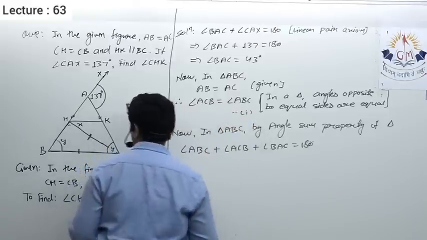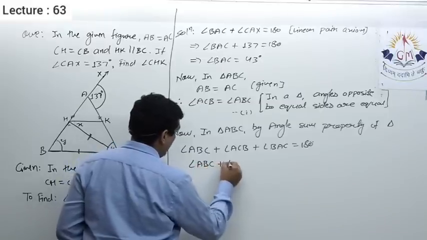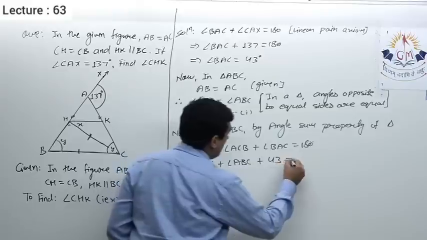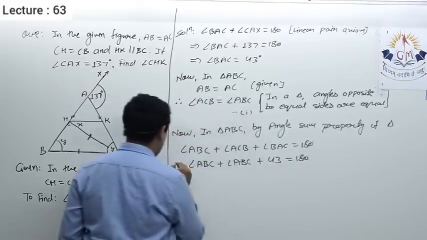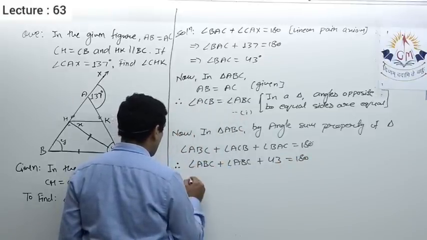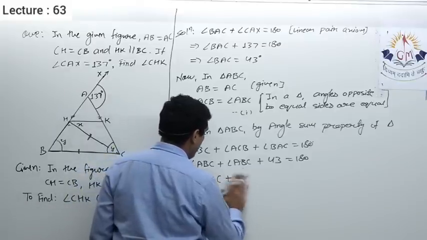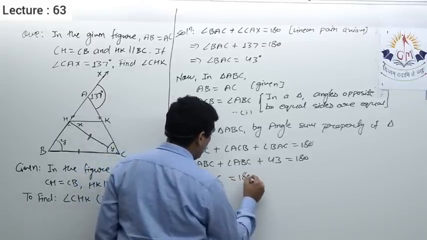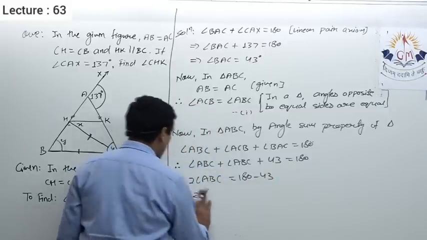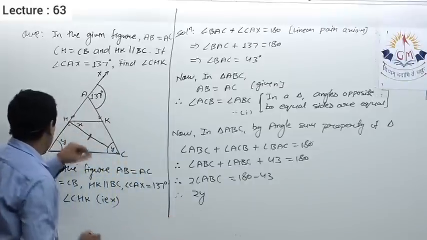ABC equal to ACB. So I am writing angle ABC plus angle ABC plus 43 is equal to 180 degree. Therefore, twice of angle ABC is equal to 180 minus 43. Therefore, twice of, now at the place of ABC I am writing y. ABC can be written as y.